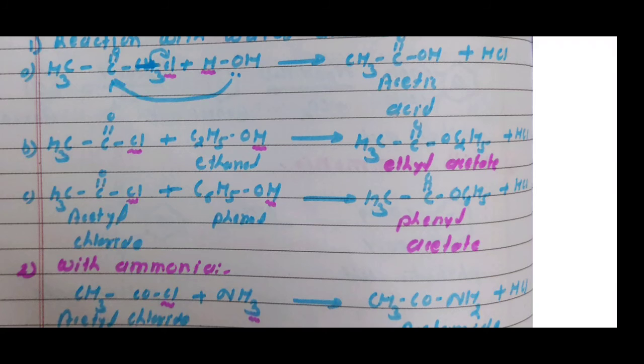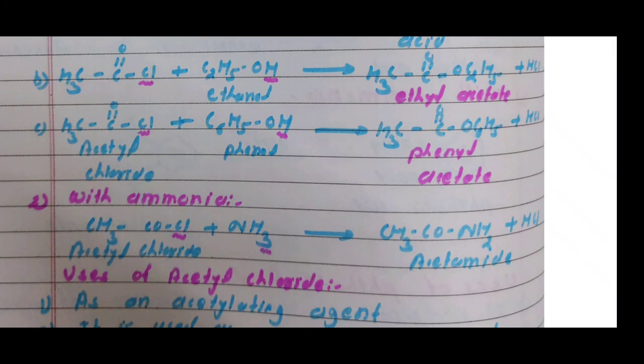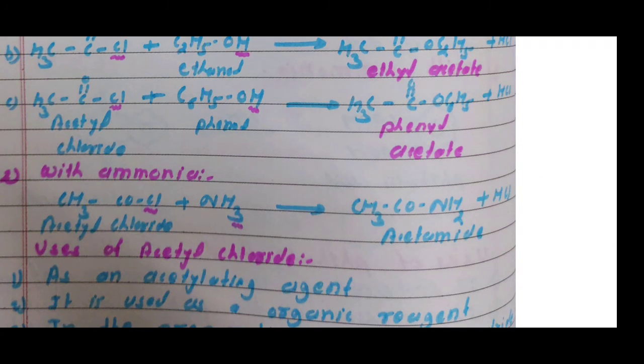Then the second reaction of acetyl chloride is with ammonia NH3. CH3COCl plus NH3 forms CH3CONH2 plus HCl. Here CH3CONH2 is acetamide.